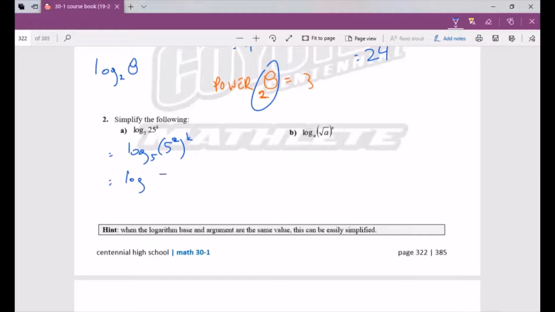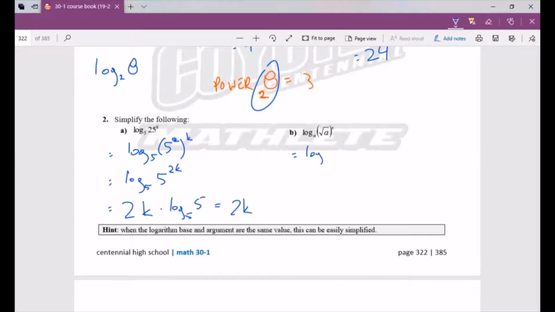Typically, we would write this as 5 to the 2k, and from that, this ends up being 2k. Probably don't need to express that as log 5 base 5 at this point, because we know that part is just equal to 1. This is 2k.